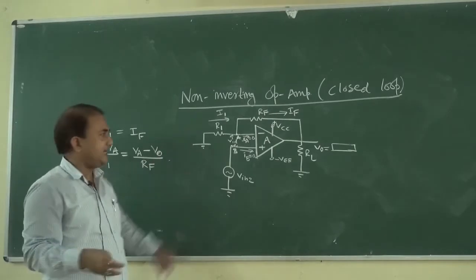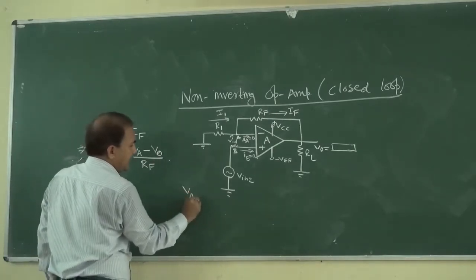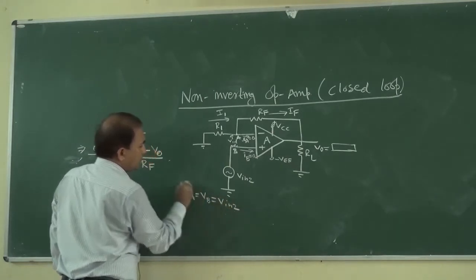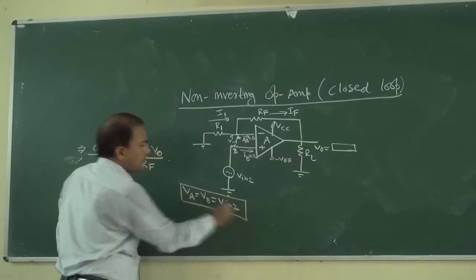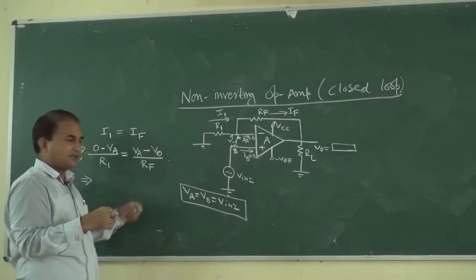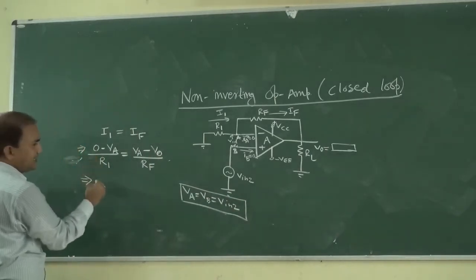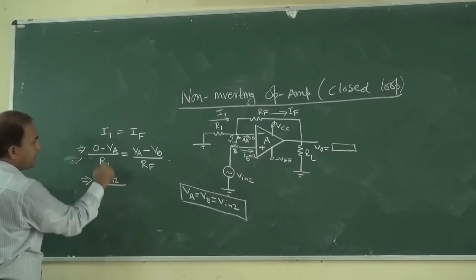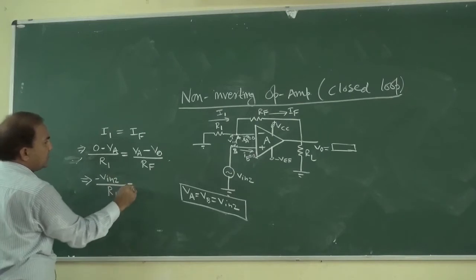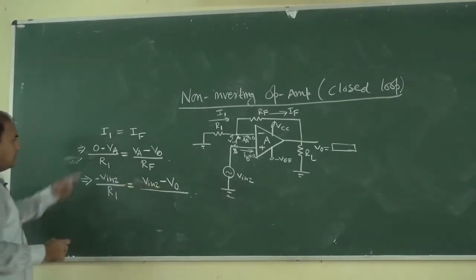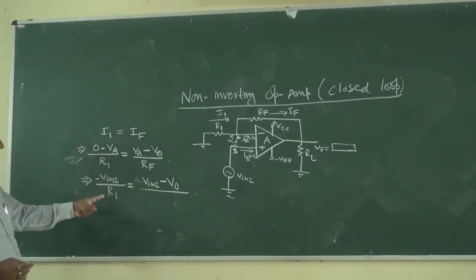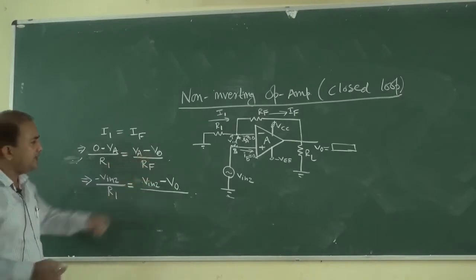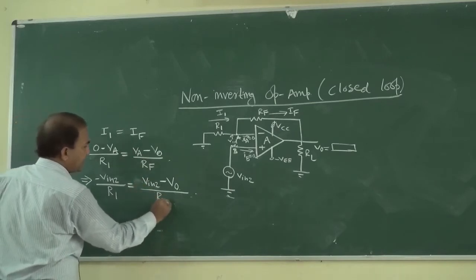Now we have seen that VA is equal to VB is equal to V in 2 by using the virtual ground concept. So we can write here minus V in 2 divided by R1 is equal to V in 2 minus V output divided by RF.